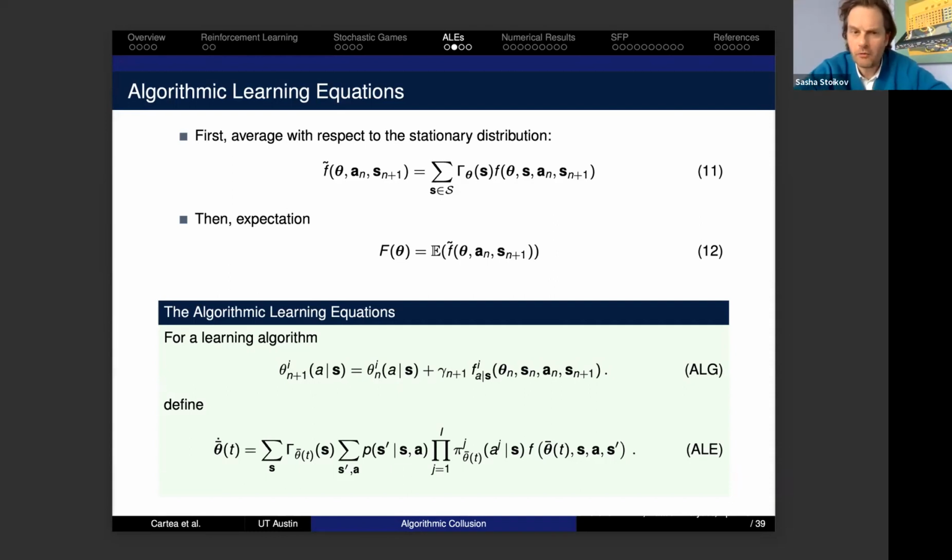Harrison, we've got a question from the audience. Someone's asking, do we assume that all agents have the same parametrized policies? So no, in this general form, we don't.